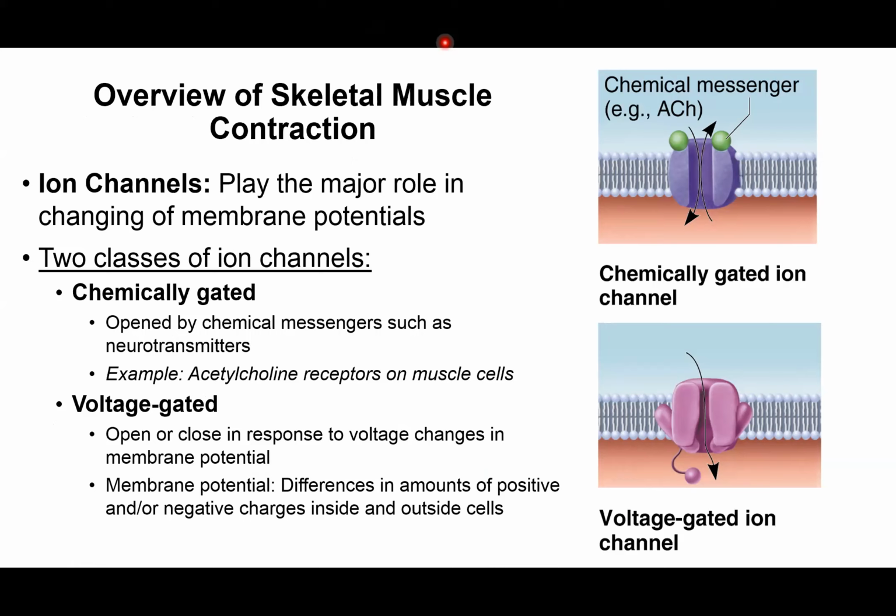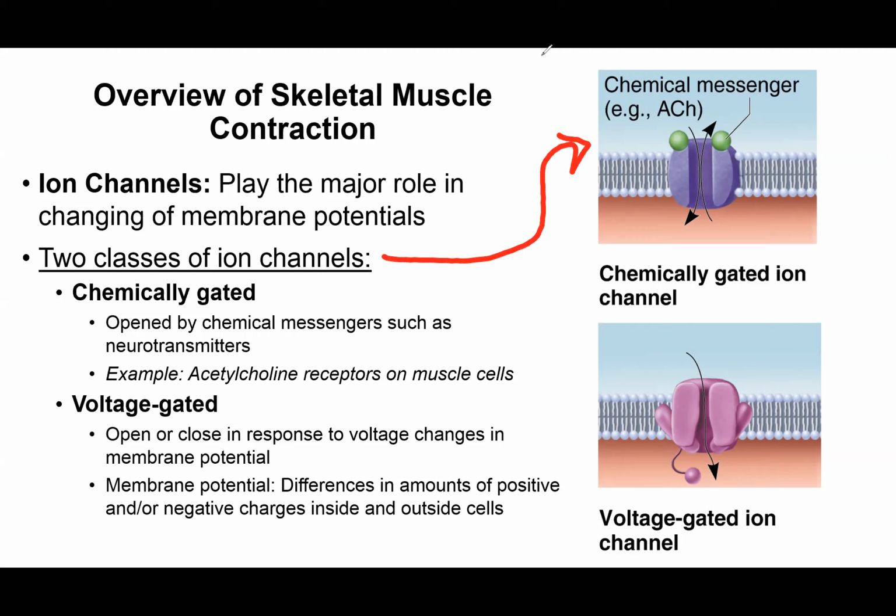First are the chemically gated ion channels, and that is what you see up here. The chemically gated ion channels are opened by chemical messengers, such as neurotransmitters, and in the muscle cells, it is acetylcholine.